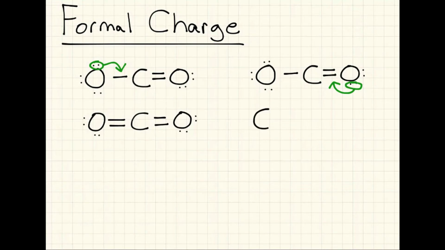Had we done that, what we would have been left with is the following structure. An oxygen singly bonded to a carbon atom, and then a triple bond to another oxygen atom with a lone pair left over. Now, if I'm counting octets, one of the things I'll notice is that all of my atoms are still satisfied in the structure on the right.